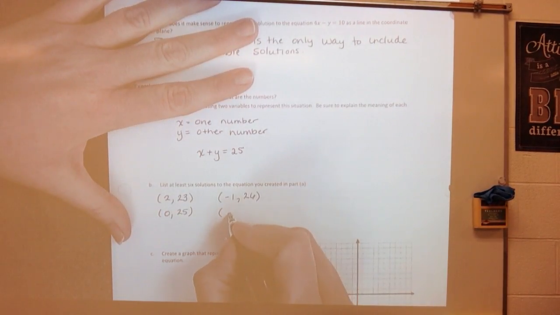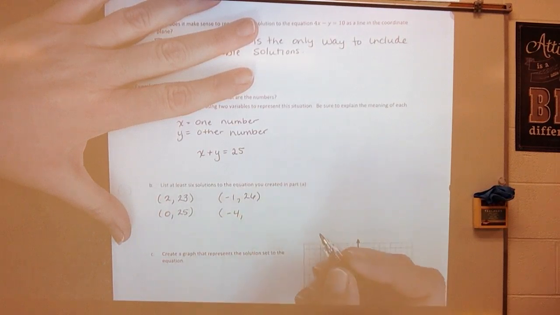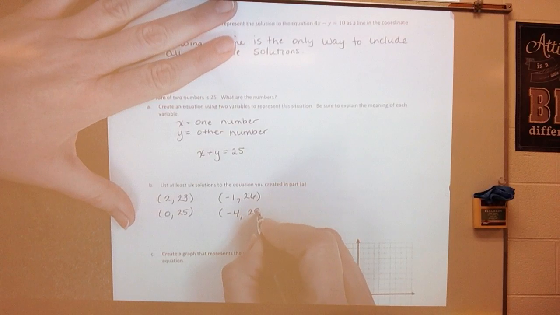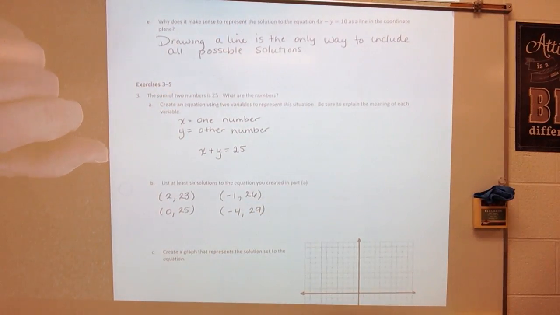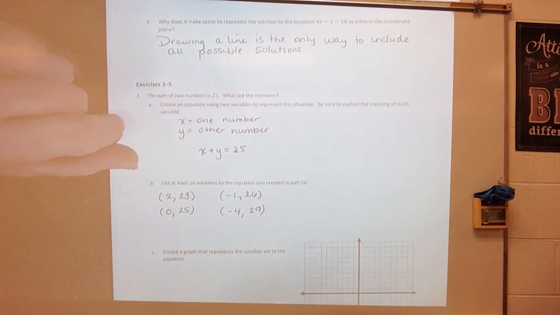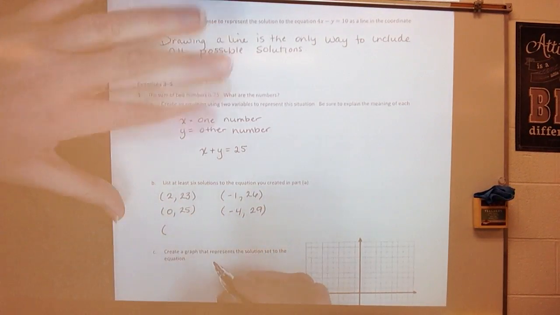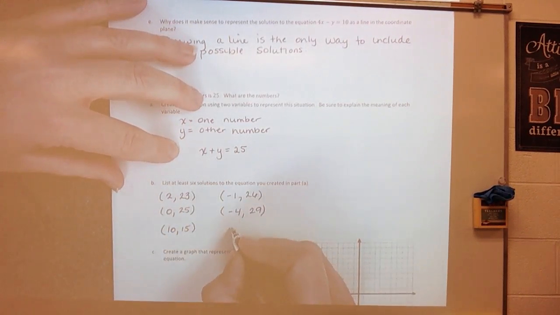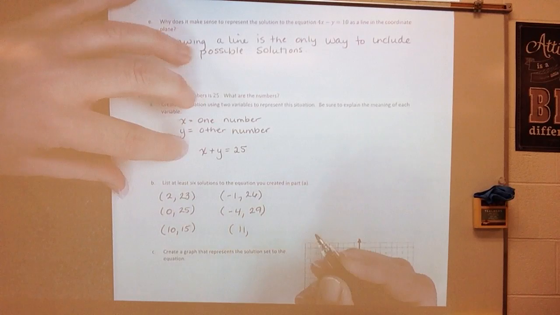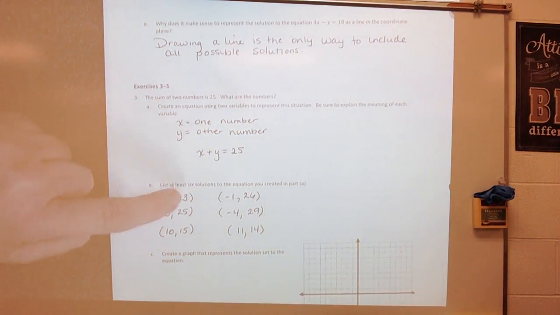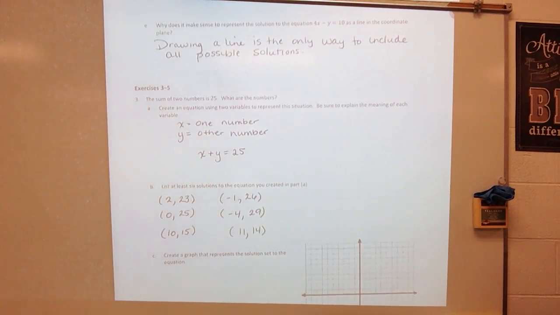If x is negative 4, y would have to be 29. If x is 10, y would be 15. If x was 11, y would be 14. As long as I get 25 every time I add these two numbers together, then I'm going to have an answer.